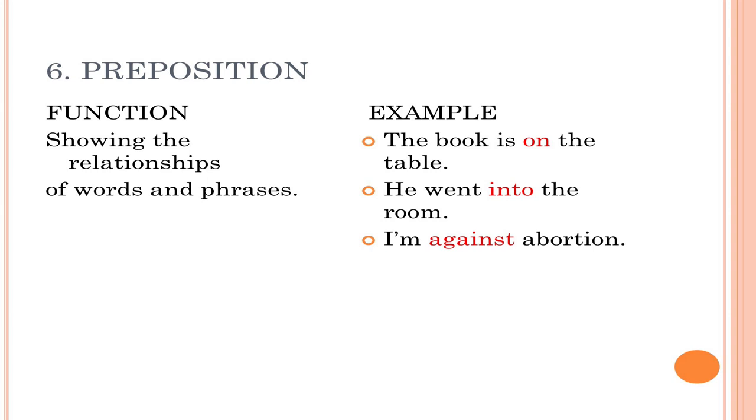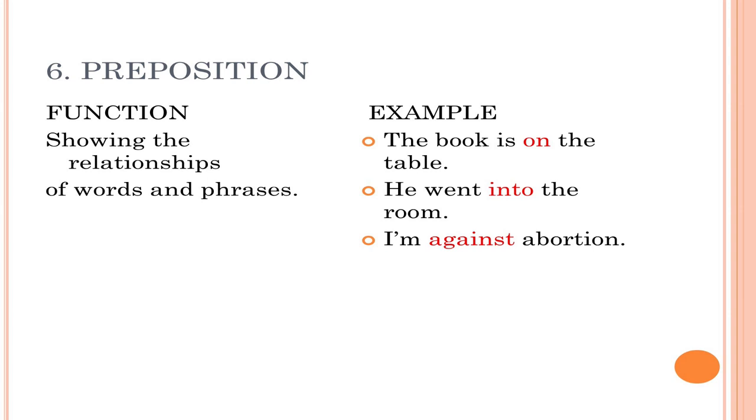Prepositions are words that show relationship between words. They show relationship between other words or phrases. They show the kind of connection that exists between them. Most of the time, these words are either nouns or pronouns.